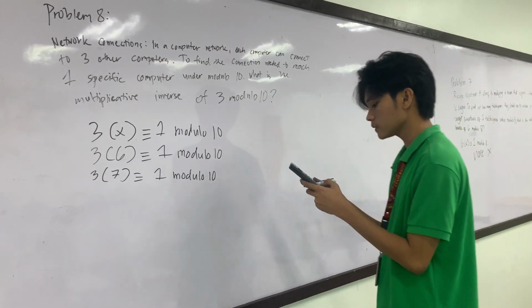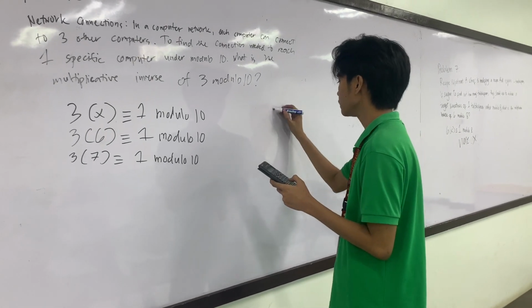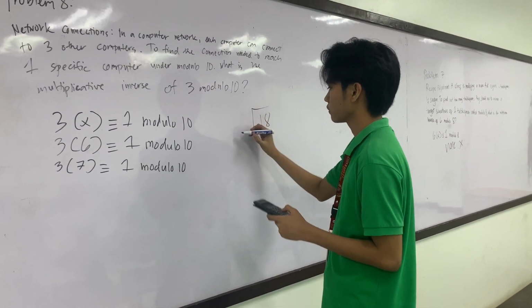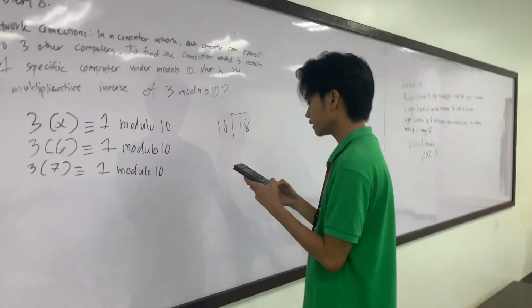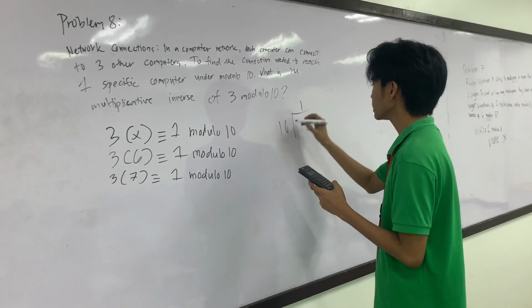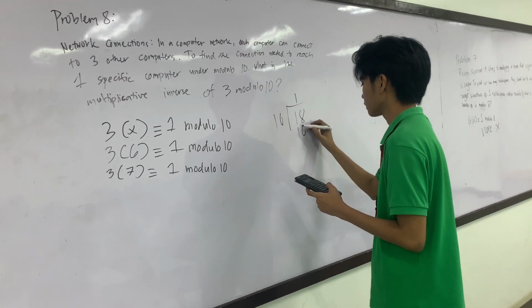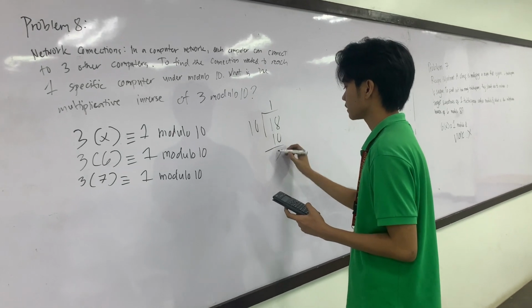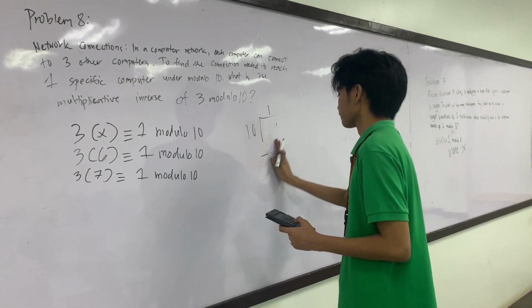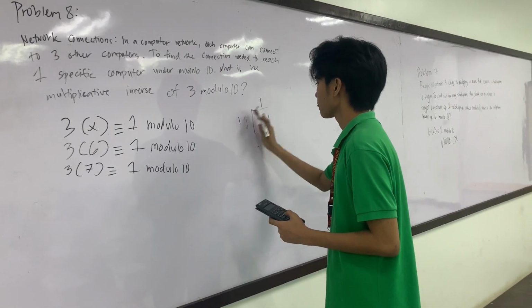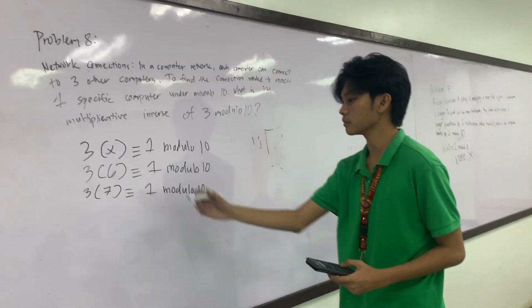So 3 times 6 is 18. So 18 divided by 10 is 1. So 1 times 10 is 10. So you can get the remainder 8. So next is number 7.